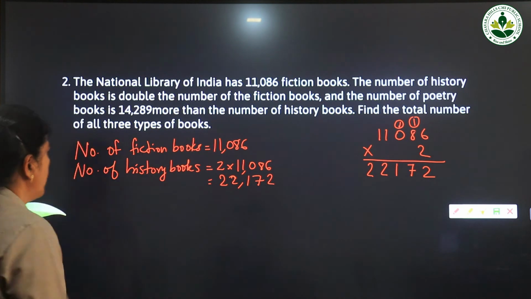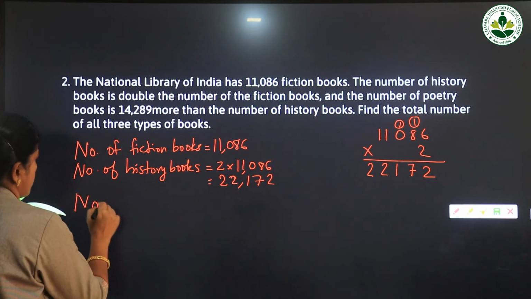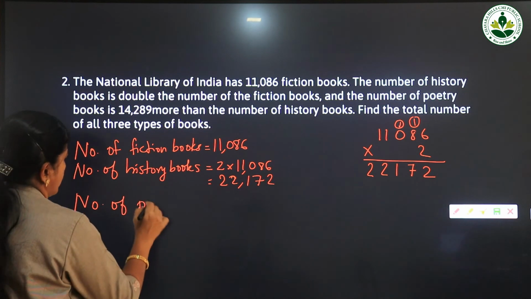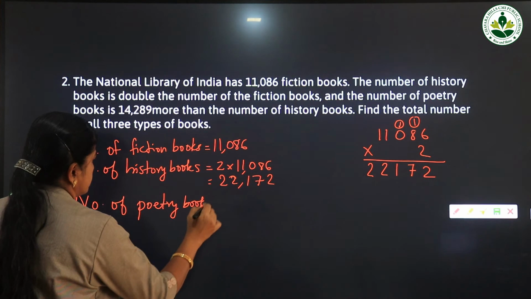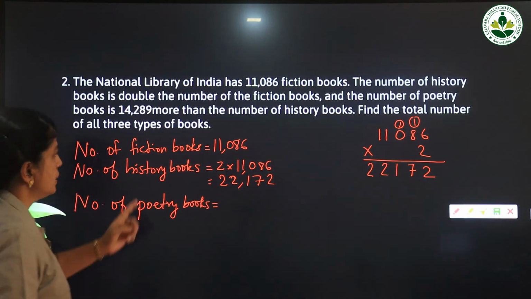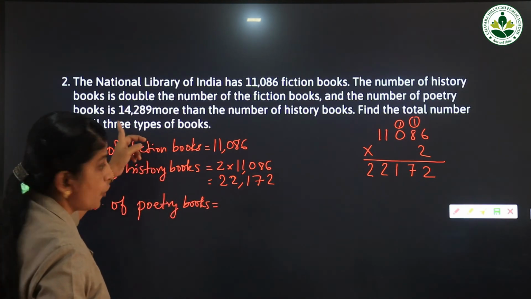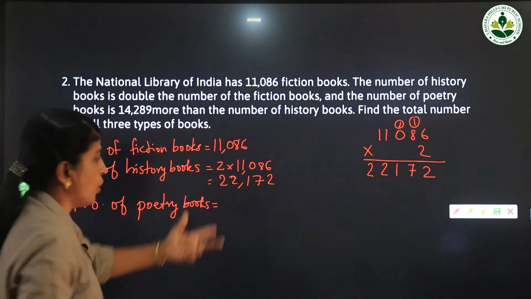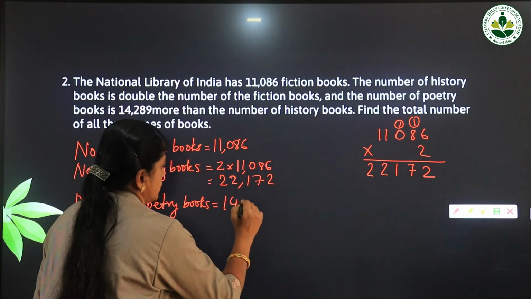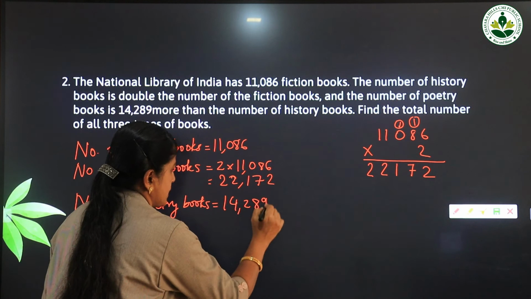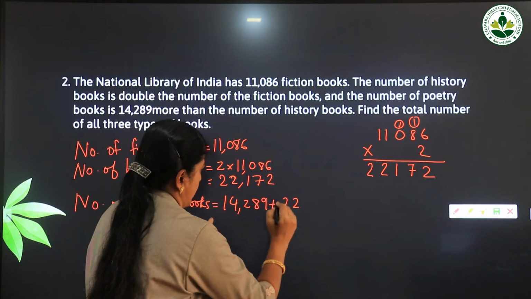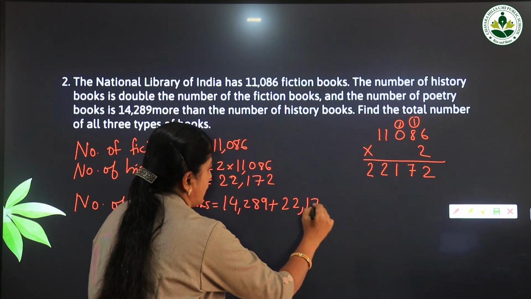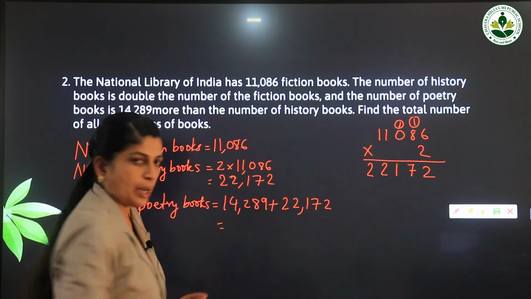Therefore, number of poetry books is equal to 14,289 plus this history books. Number of history books is 22,172. Add these two numbers.